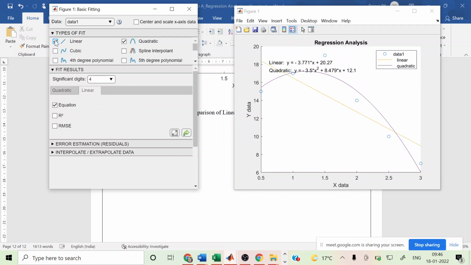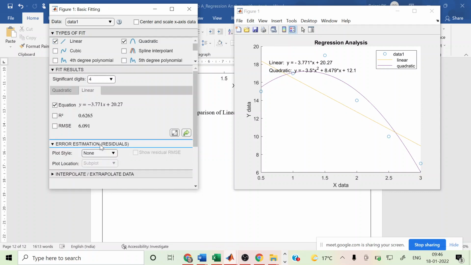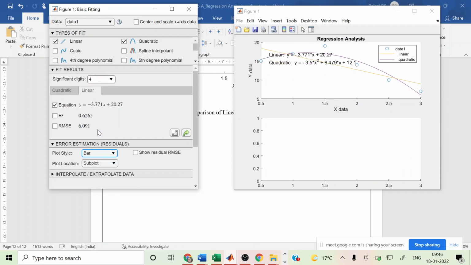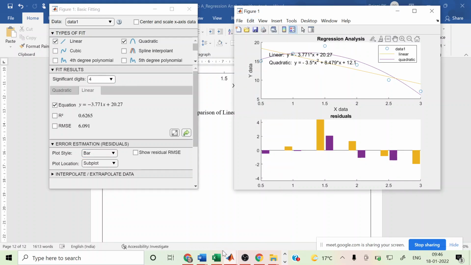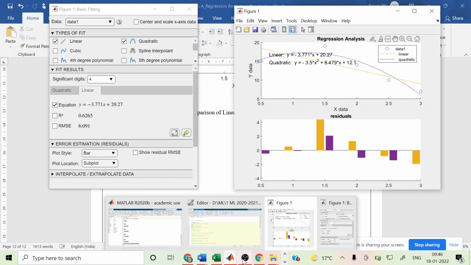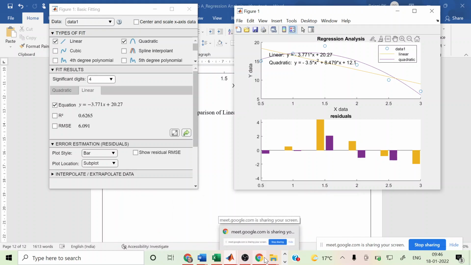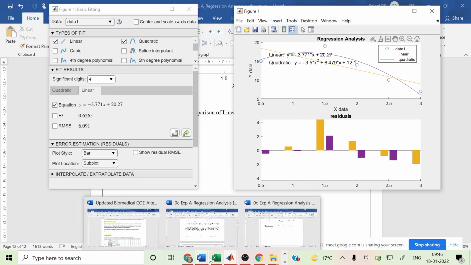Then go for the error estimation, which is residuals, and choose the bar graph. With this you get the figure; copy figure, and you can paste it here.